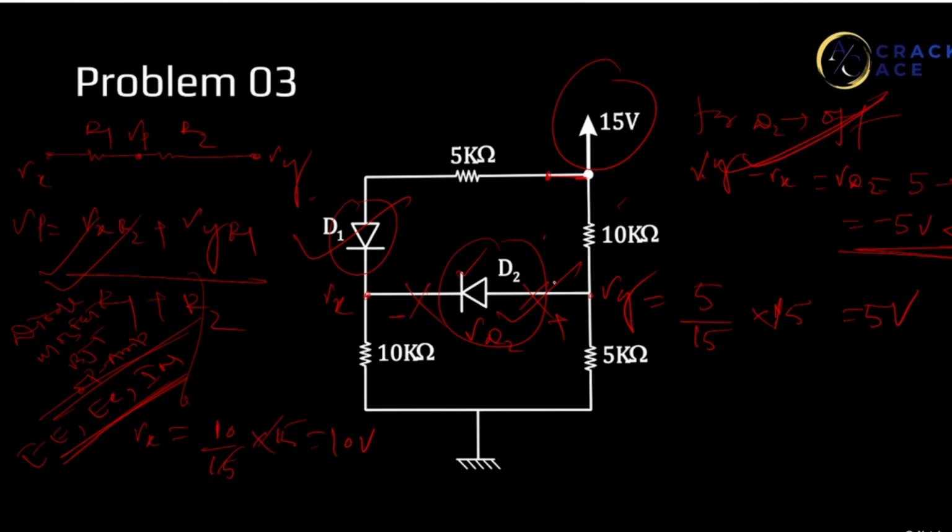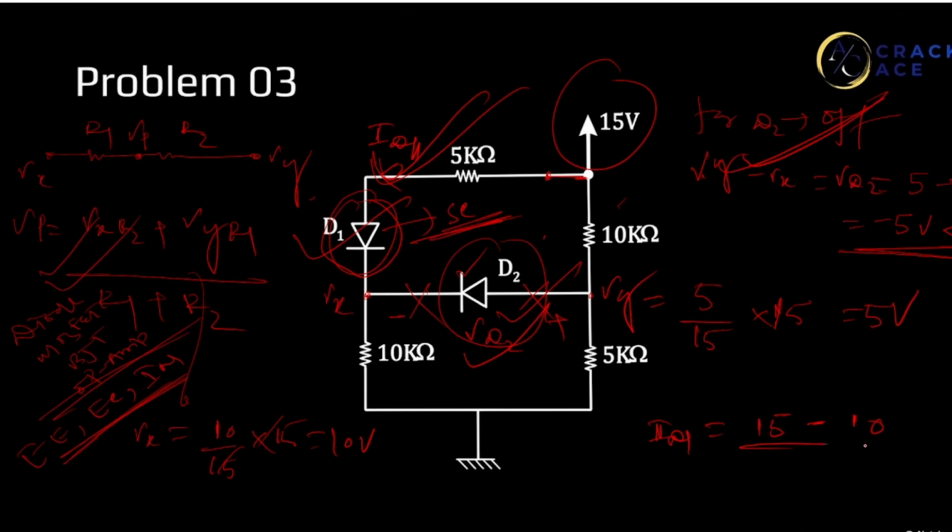Let's check the same for Vx. For D1, I have assumed the short circuit test, so I assumed it to be on. So I'll consider the current across it. Here across D2 I considered the voltage, and here I am considering the current. What is the current ID1? Basic KCL, basic node analysis, basic KVL, everything is from the basics. ID1 is 10 divided by 5, which is 1 milliampere, and this is greater than 0.